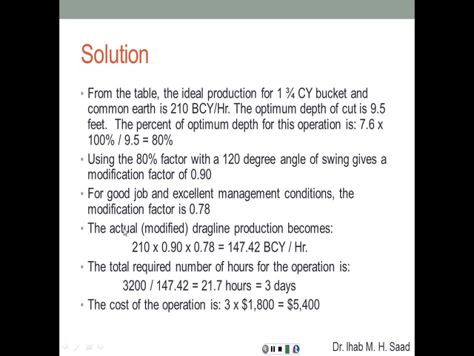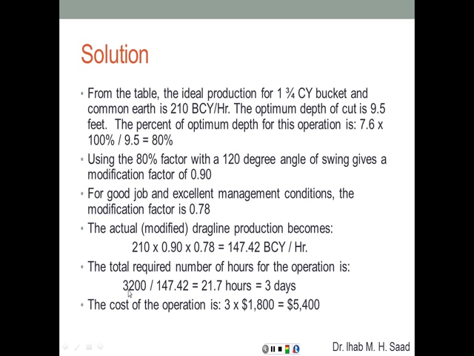Therefore, the actual dragline production is going to be the ideal, 210, times the factor due to the swing angle and the depth of cut, times the other factor due to the job and management conditions, which gives 147.42 bank cubic yards per hour. The total volume that needs to be excavated is 3,200 bank cubic yards.